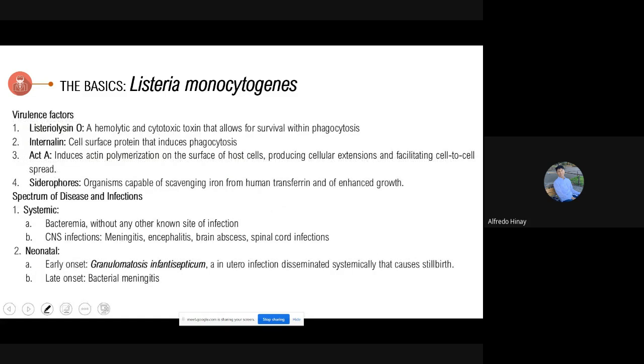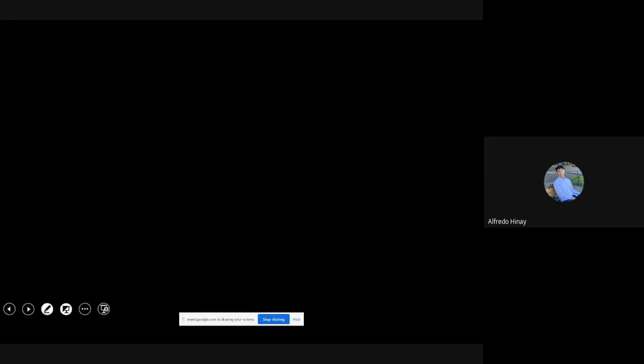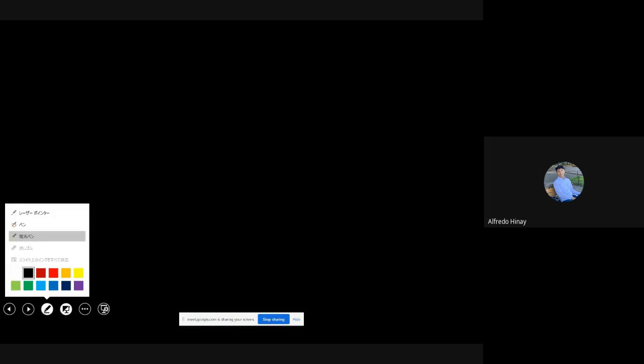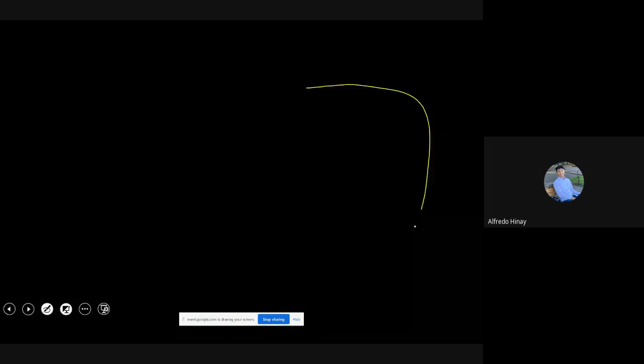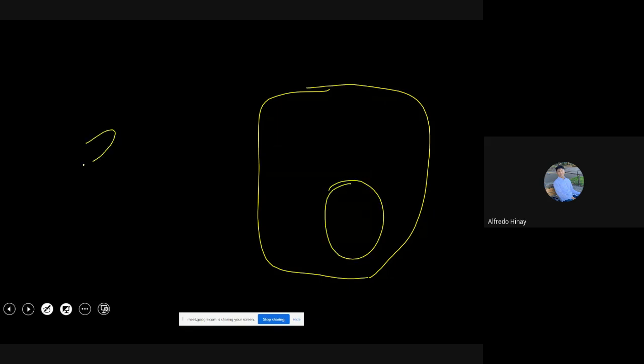Okay, for the virulence factor, they have your listeriolysin O, class, which is a hemolytic and cytotoxic toxin that allows survival within phagocytes. What we do here, class, is like this. So this is your cell. Then this is your Listeria.